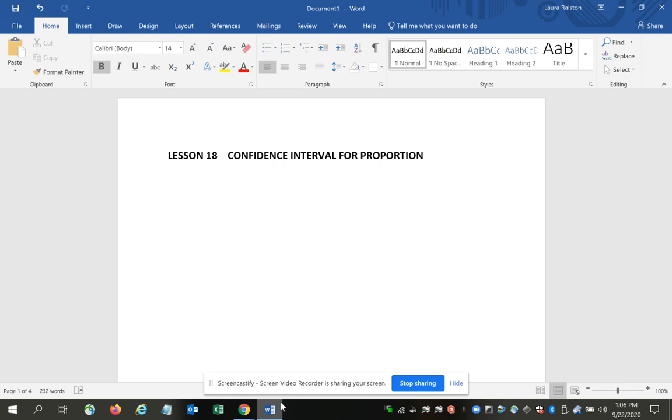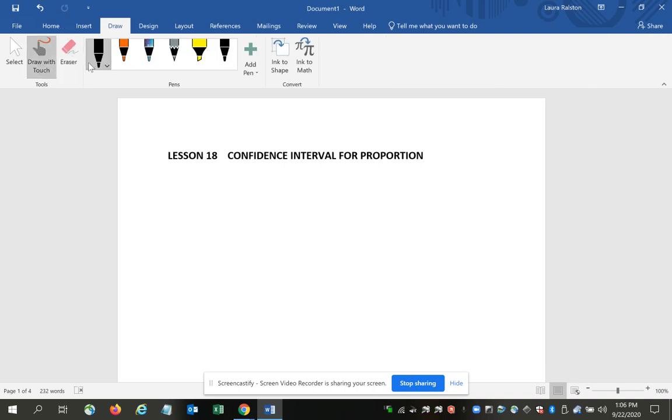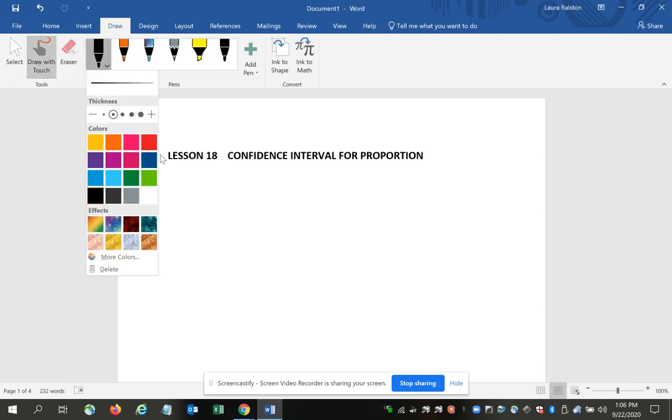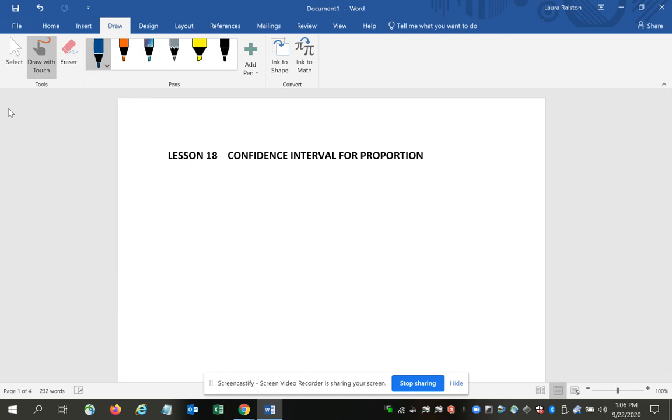Lesson 18 is a little bit different because now instead of focusing on a mean, we're going to focus on a proportion, or you can also think about it as a percentage. And this particular confidence interval is again based upon the normal distribution.